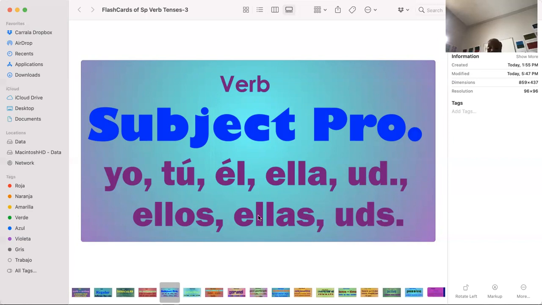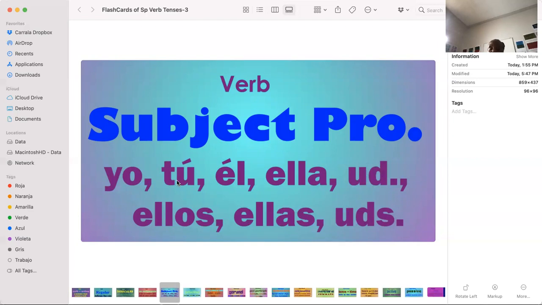Now, most times in Spanish, maybe the exception would be usted and ellos, ellas, ustedes, right? You don't usually put the subject pronoun because the ending tells you. If it ends in O, it's yo. If it ends in A-S, it's tú.